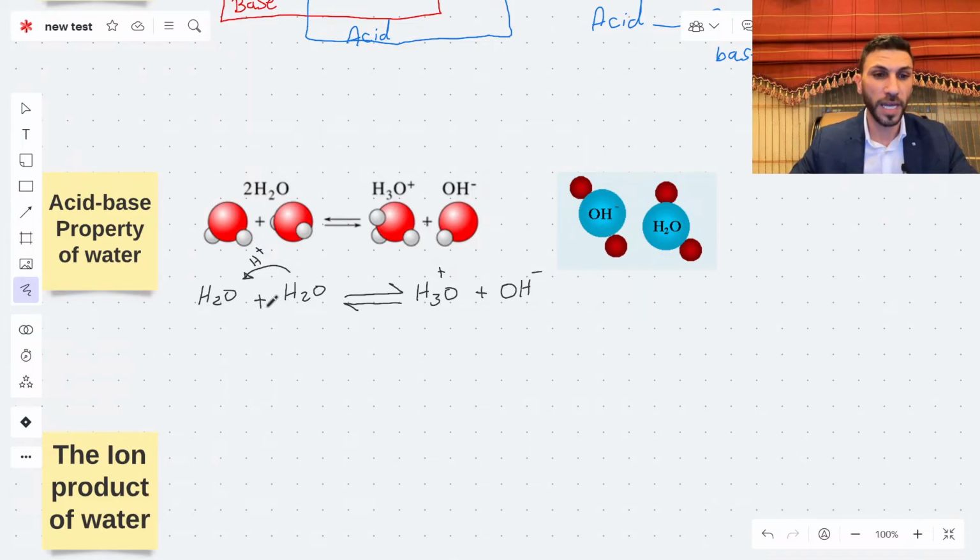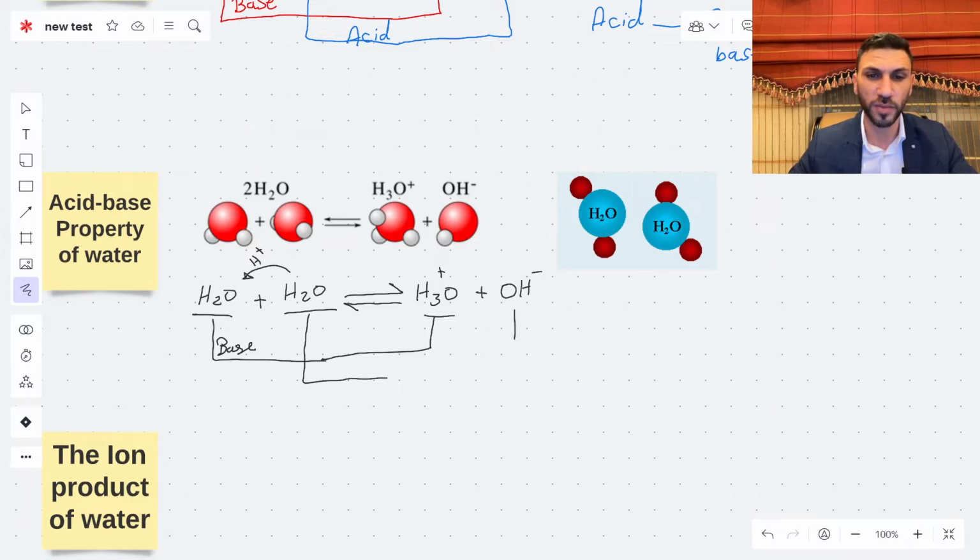Now here, this water accepted, so it's going to be the base. And this water, this molecule, has donated the H positive, so it's going to be the acid.